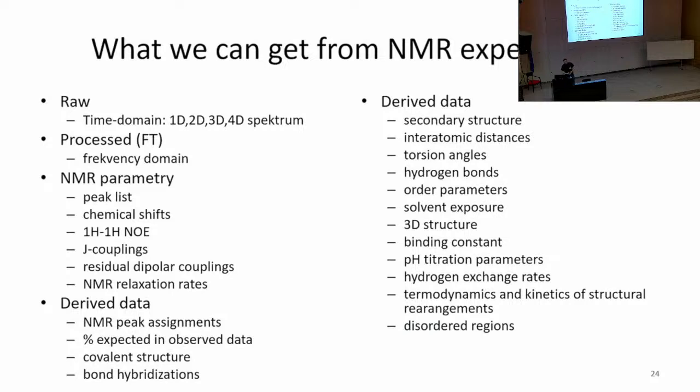From the NMR experiment, we can see quite a lot of data based on NMR parameters like shifts, couplings, and relaxation rates. You can look for hybridization or covalent bonds, and you can derive secondary structure, interacting distances, torsion angles, hydrogen bonding, and so on. When you combine this, you can get the 3D structure. And as I said, since you are in solution, you can tune the experiment with the protein, like a titration, for instance.